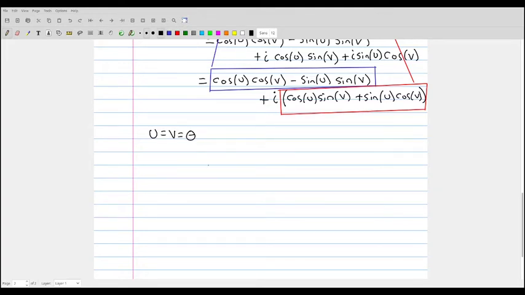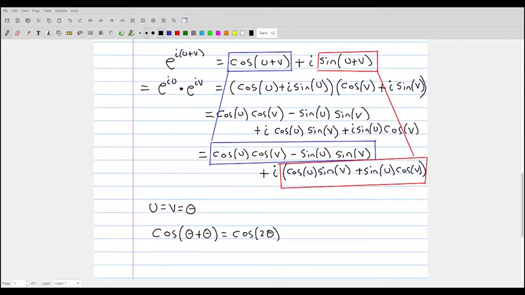Is equal to some angle theta. Well, then you have cosine of theta plus theta, which is the same thing as cosine of 2 theta.